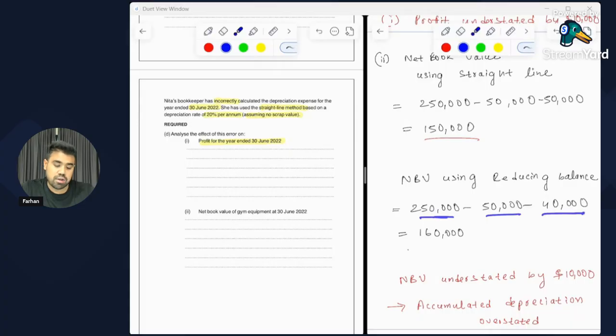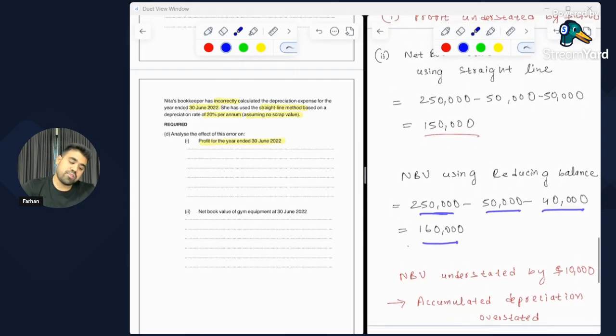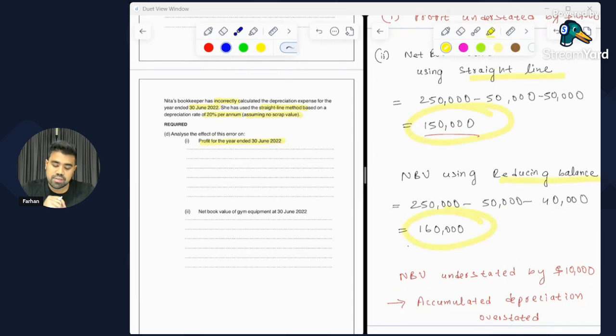That is the clear difference between the reducing balance method and the straight line method. So using the reducing balance method, your net book value comes out to be $160,000. Under the straight line method, net book value is 150. Under the reducing balance method, it is 160.